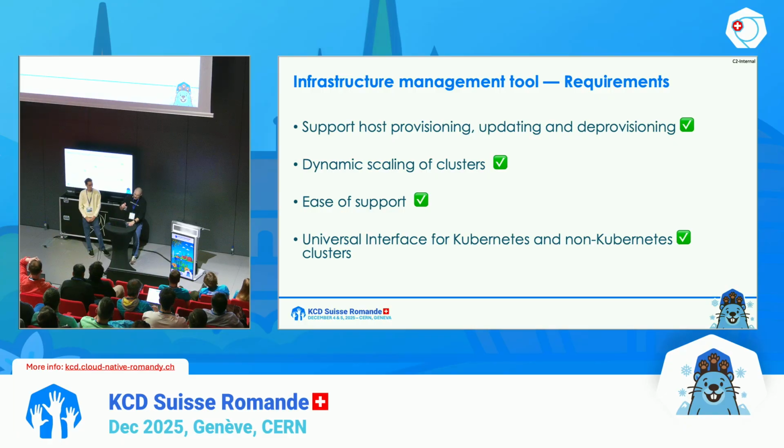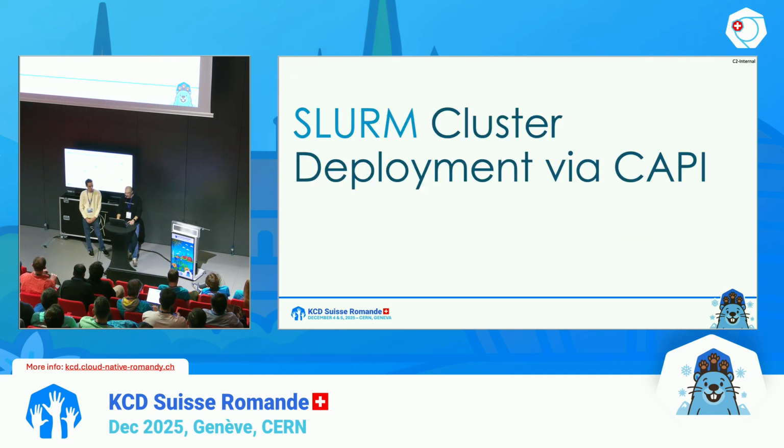And this is how, under the hood, we bridge that gap, and we define a way to manage both Kubernetes and non-Kubernetes nodes using the same interface, which is ClusterAPI. So I leave the stage to Michele for a demo of this in action.